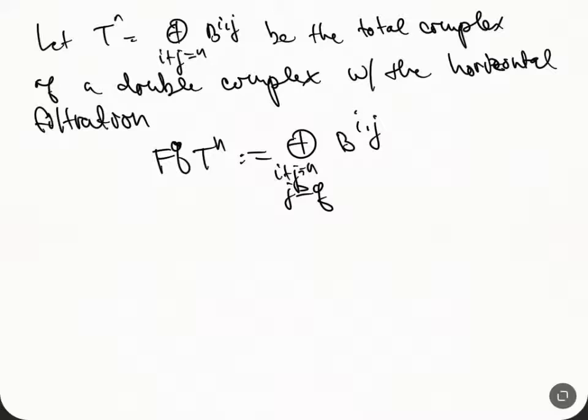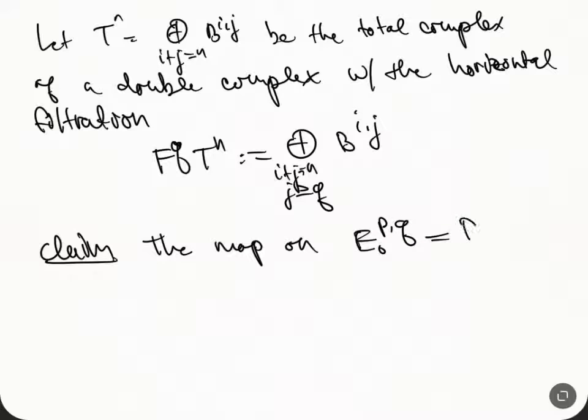Okay, so our claim is that the map on E0_pq, which is just equal to B_pq, is just the horizontal map, or just the vertical map.